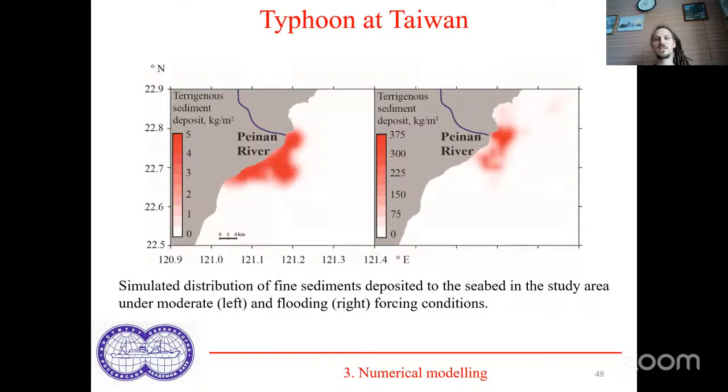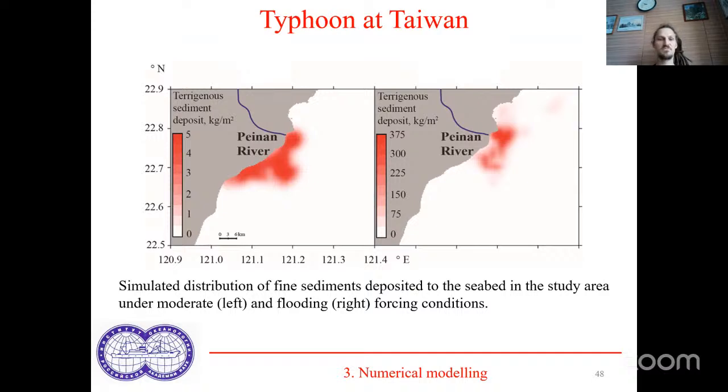And it was a task to model the areas of accumulation of river-borne sediments after typhoon, and to find the possible ways of submarine landslides, and possible areas where cables will be broken.